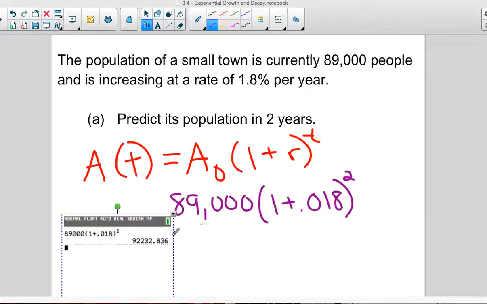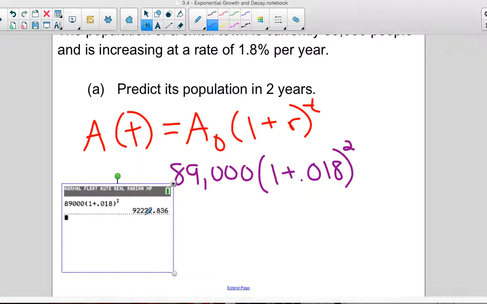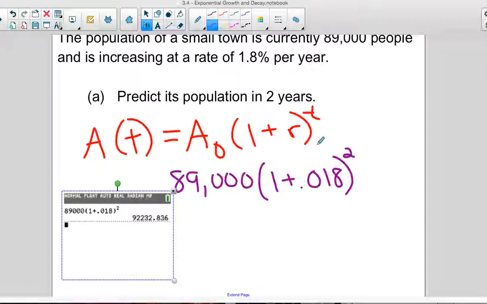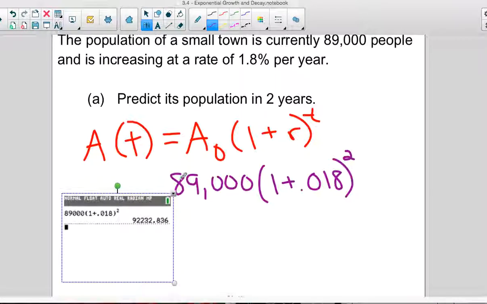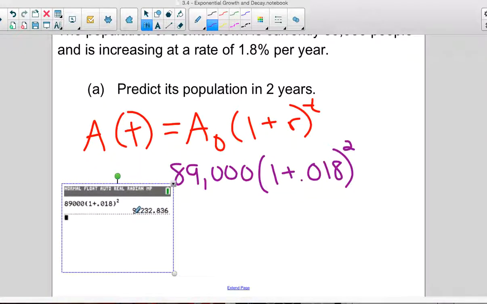Okay, now in this case, you might think we want to round to 233 people, but you've got to think of it: the population is growing, so in exactly 2 years, there will be 92,232 people. This next person has not quite been born yet, so you actually don't want to round up if it's population. It's really only specific to population problems.